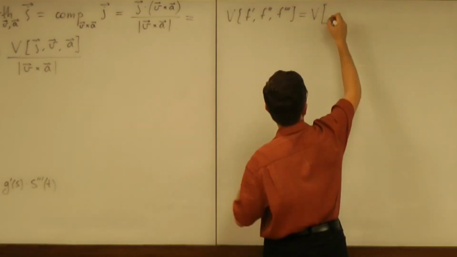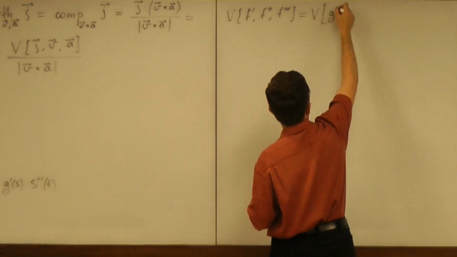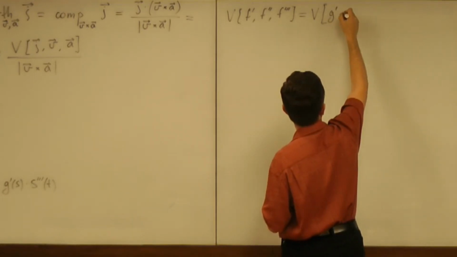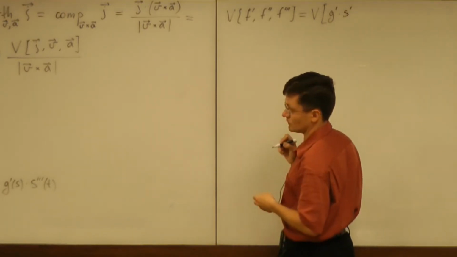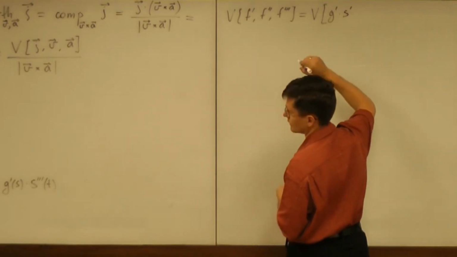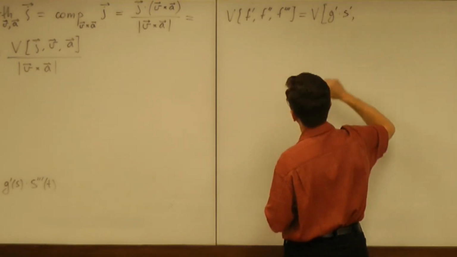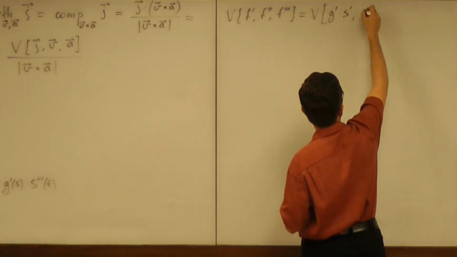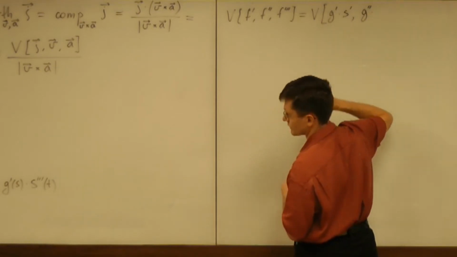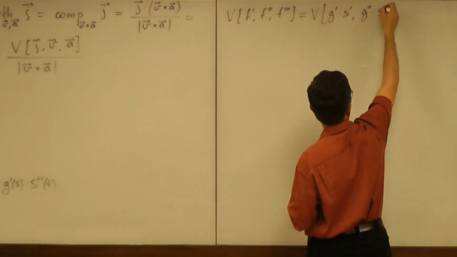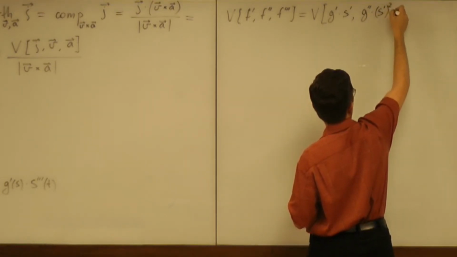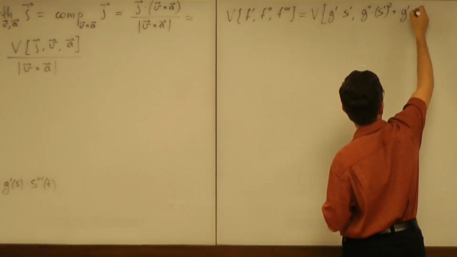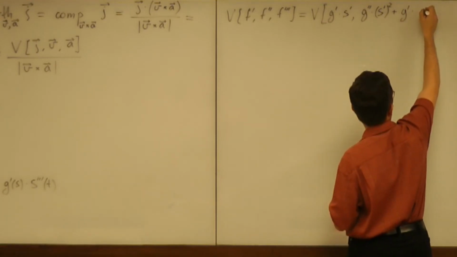So f prime is g prime. Well, when I write g prime, it means with respect to s. And when I write s prime, it means with respect to t. So I will not write those arguments anymore. Then f double prime is g double prime times s prime squared plus g prime times s double prime.